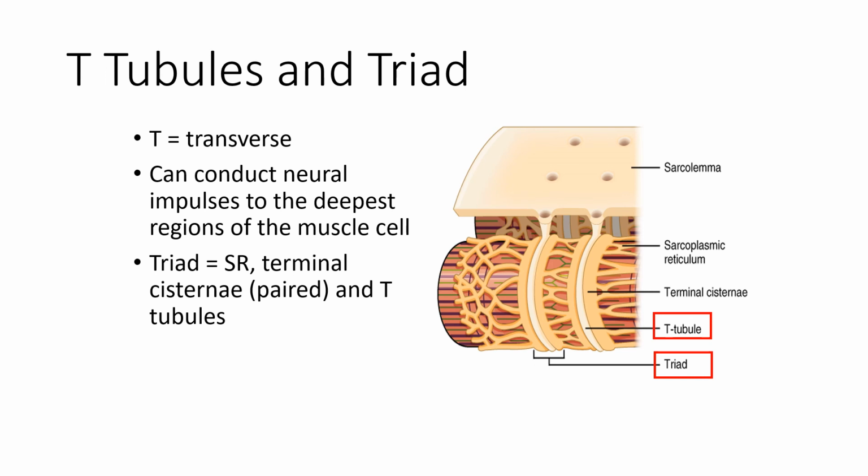Muscle contraction is ultimately controlled by nerve-initiated electrical impulses that travel along the sarcolemma. But because the T-tubules are continuous with the sarcolemma, they conduct the electrical impulses deep into the muscle cell and to every sarcomere.